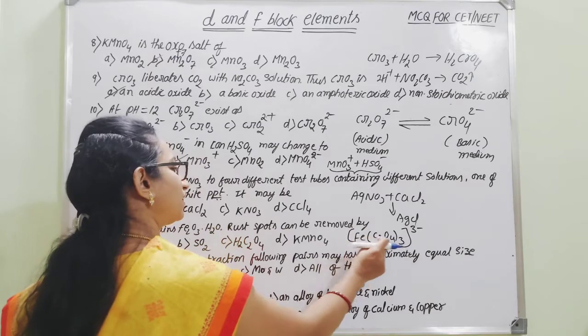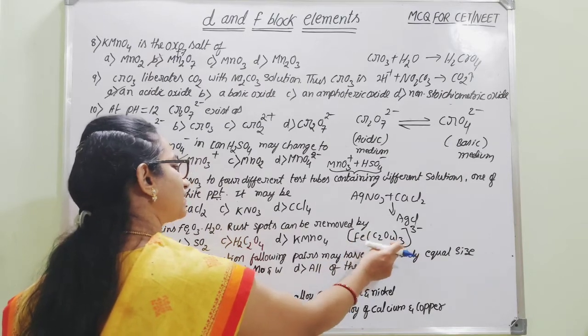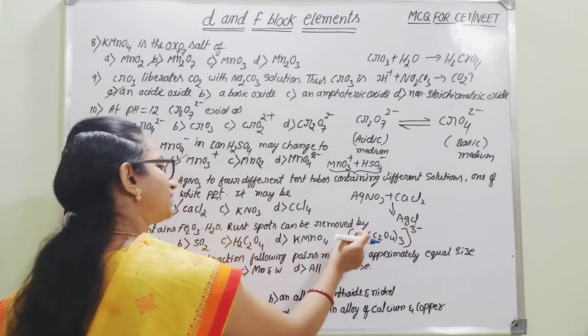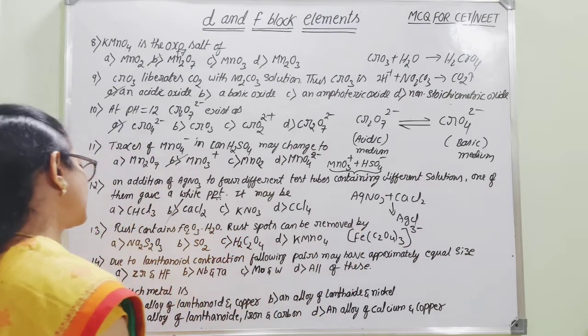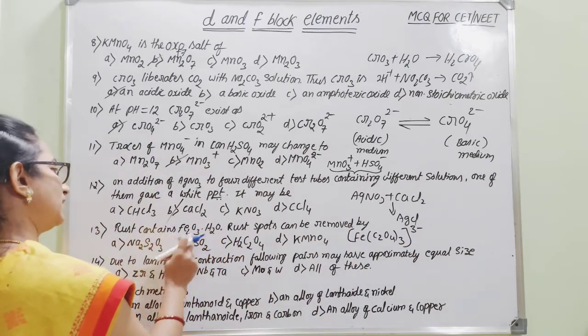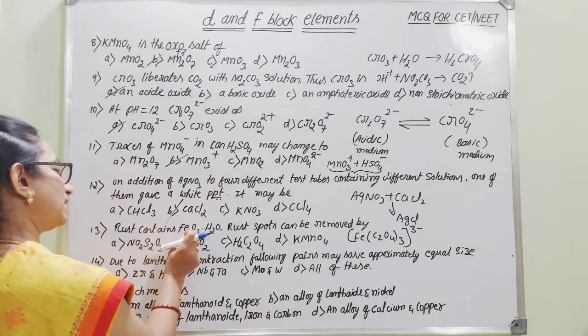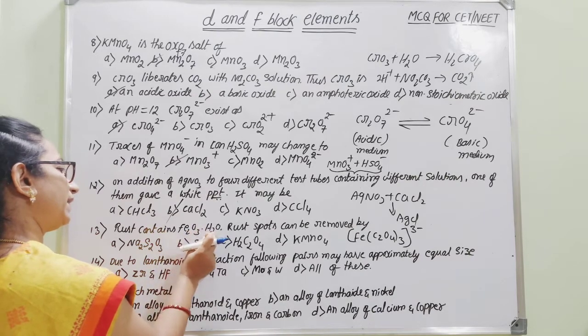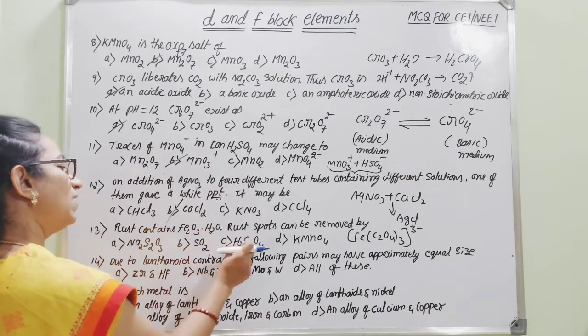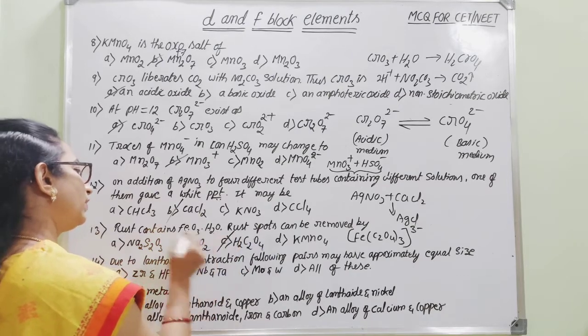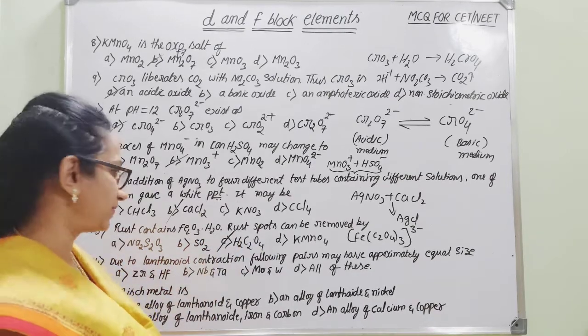Here iron is in combination with oxalate ions carrying 3 negative charges. It is having 3 positive charges, and therefore the rust which is hydrated Fe2O3 can be removed with the help of oxalic acid. Therefore, option C is the relevant answer.